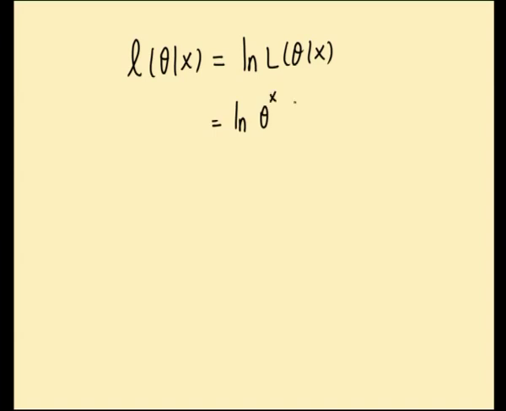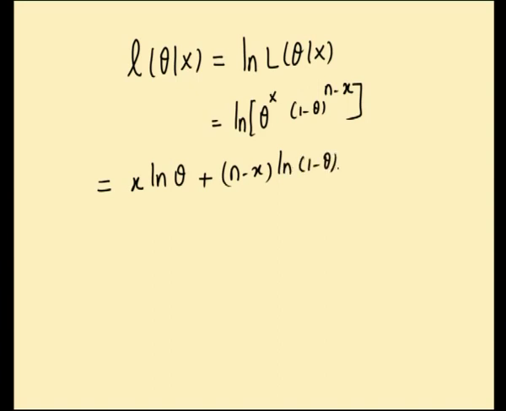Then if I take the natural logarithm of the same function L of theta given x, which is the natural logarithm of theta power x into 1 minus theta power n minus x, I apply the log rule: x times log theta plus n minus x times log 1 minus theta.